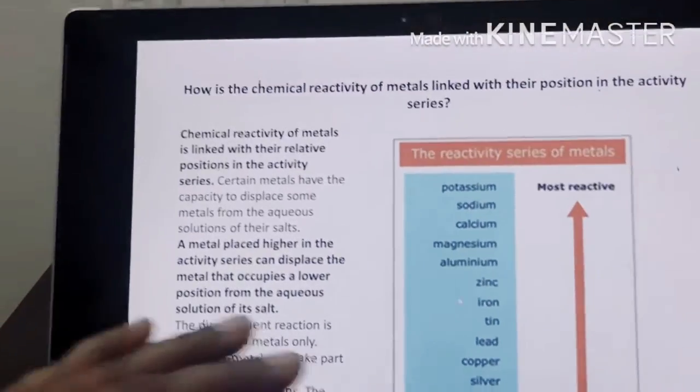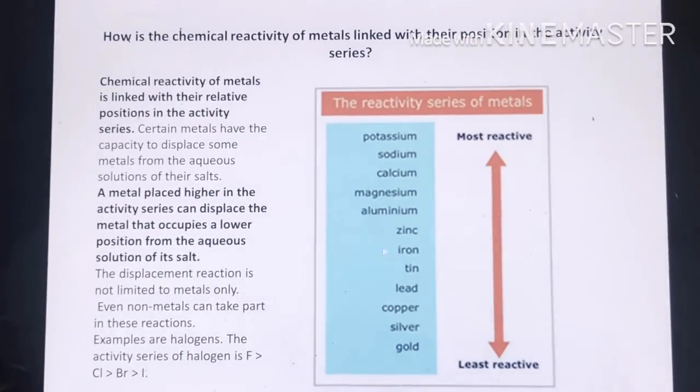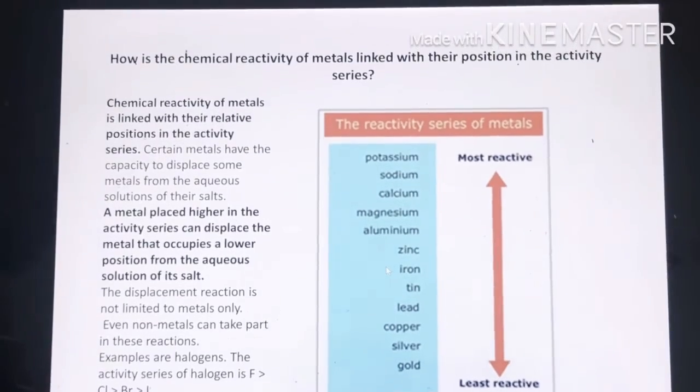But if you had taken iron sulfate and copper, the other way around, the reaction would not be possible, because copper, being less reactive, wouldn't be able to displace iron from its salt solution. So this is a type of metal displacement reaction.